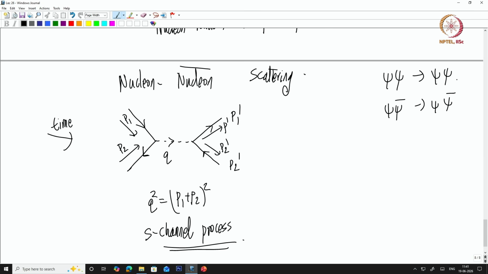Is there any other example you can think about? Is there any other diagram which you can have? You can also have another diagram in which a particle comes in, goes out, and then an antiparticle comes in, goes out, but they exchange the scalar. Okay, exchange. This is the T channel.